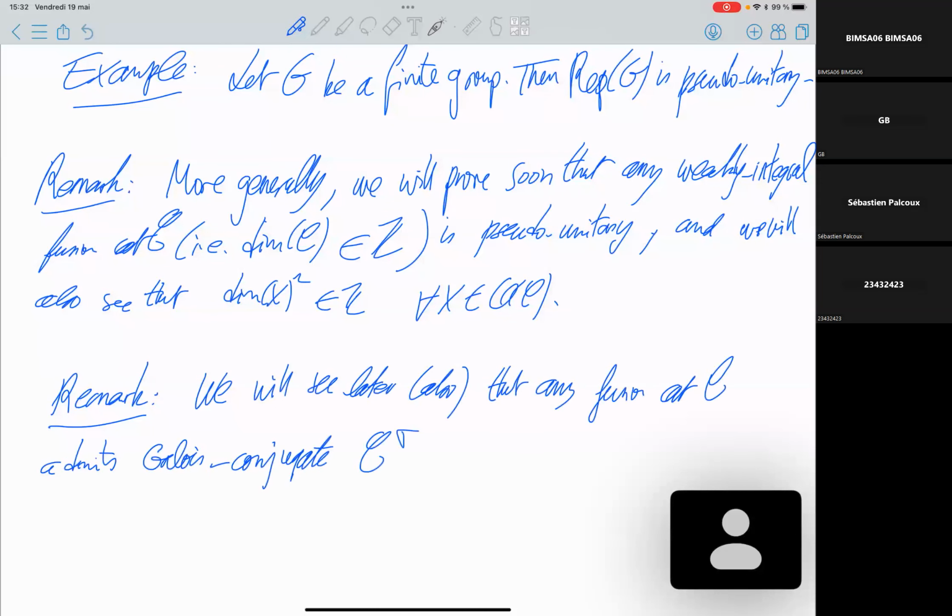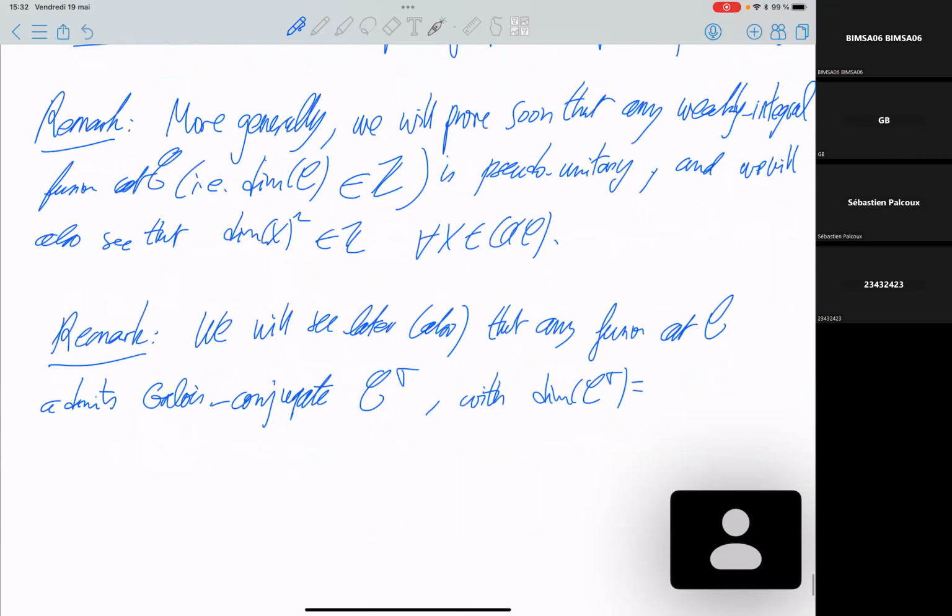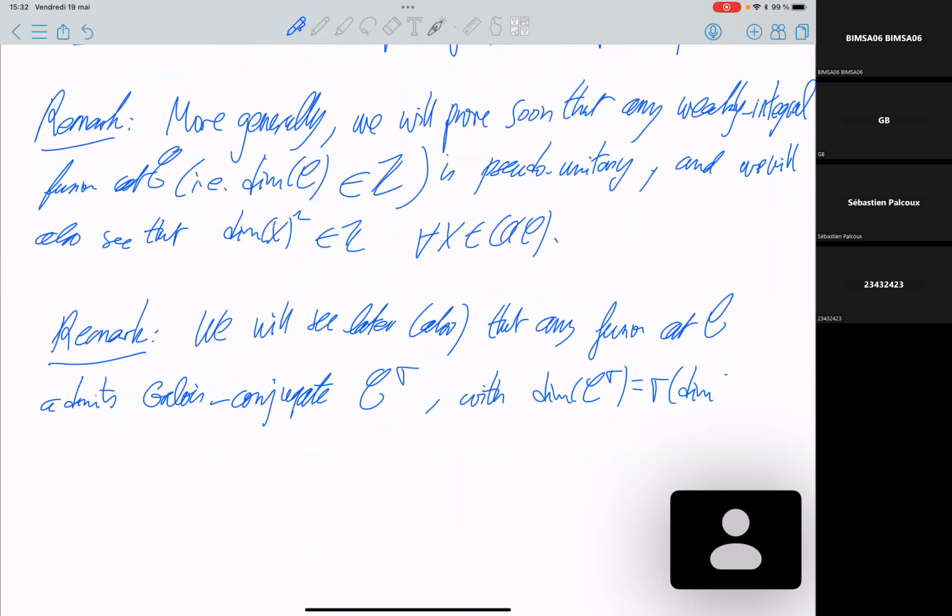Let me call it C sigma, with the categorical dimension of C sigma equal to sigma of the categorical dimension of C, with sigma an automorphism of the complex field.